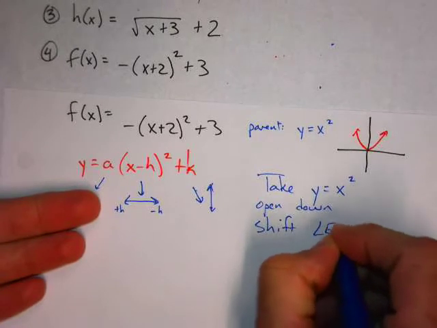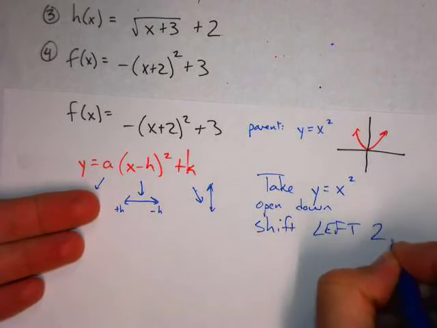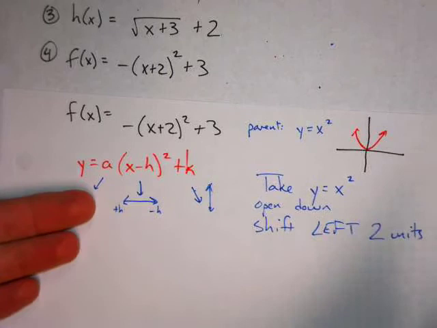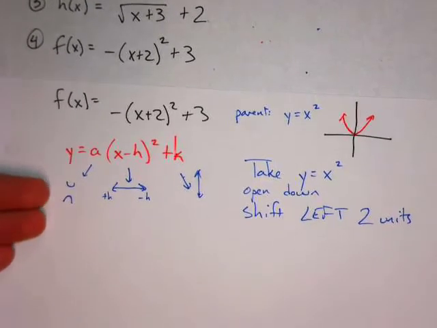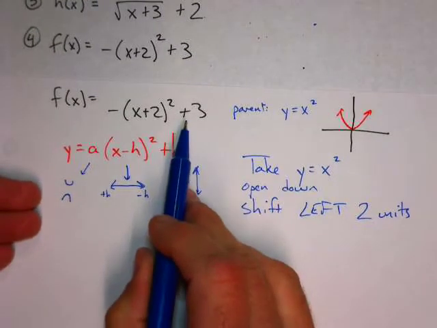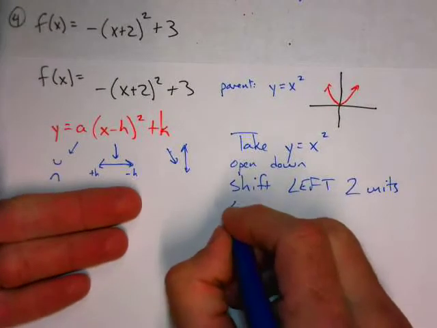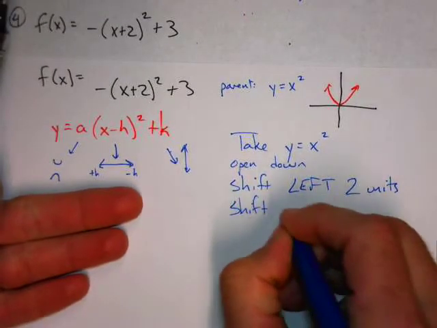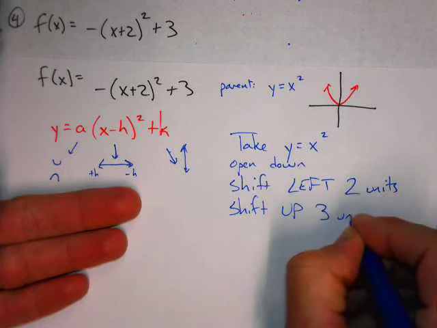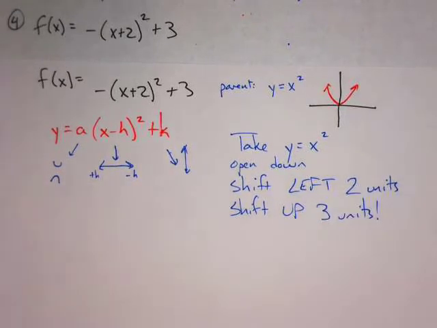That's an important distinction. So it's shifting left 2 units. That's the impact of the h. And then what about the k? That's plus 3, so it's shifting up 3 units. How much fun is this? Too much fun. So we have our translations. We have described the translation.